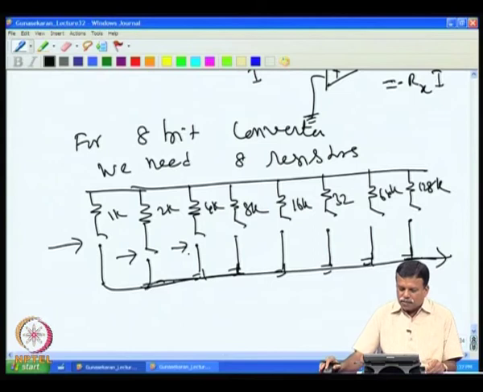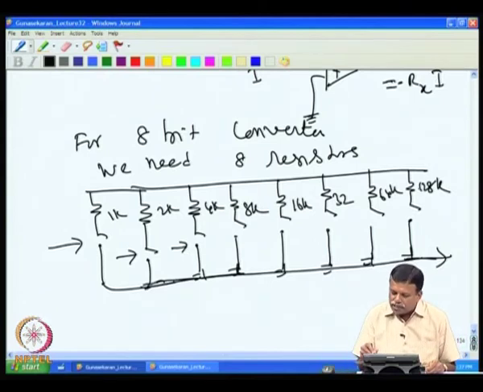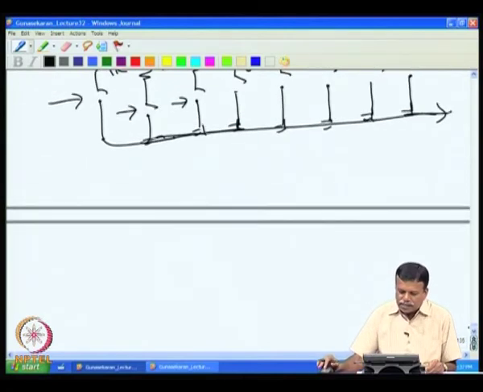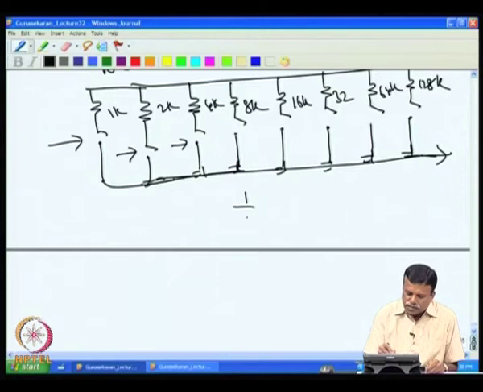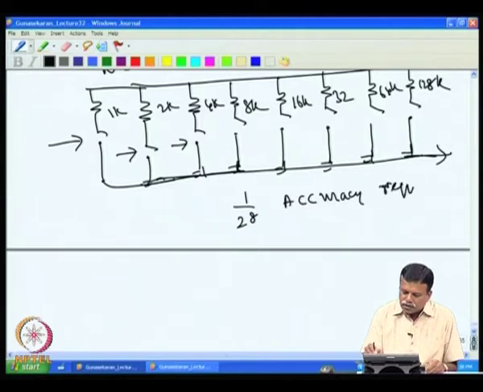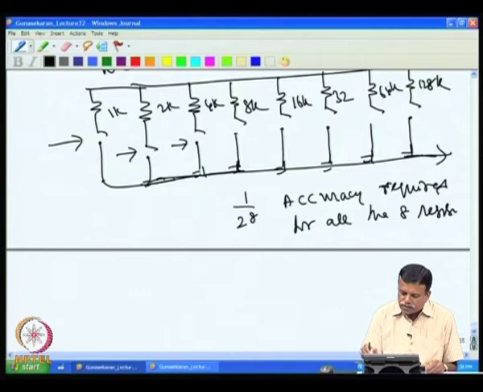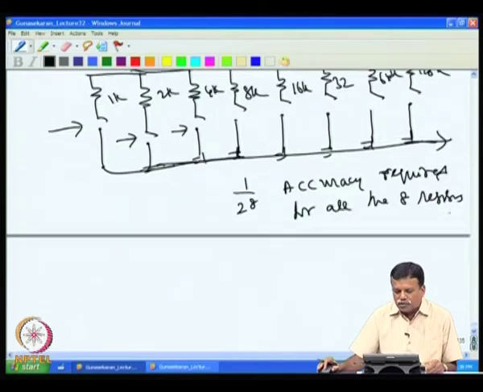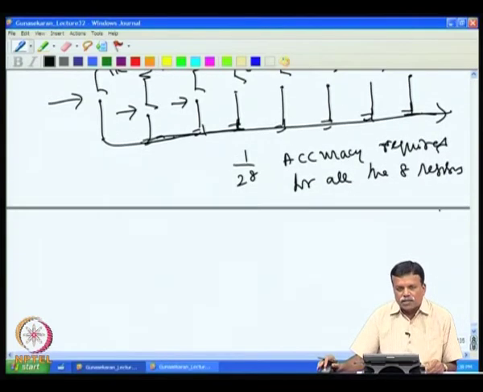Now, the problem here is that if I take this accuracy requirement, it is 2 power 8, that is 1 in 256 accuracy required for all the 8 resistors.